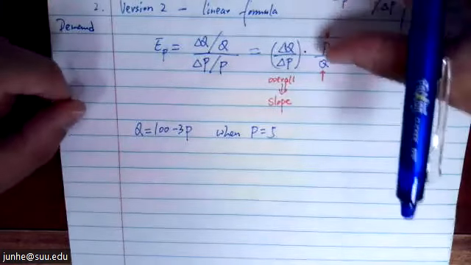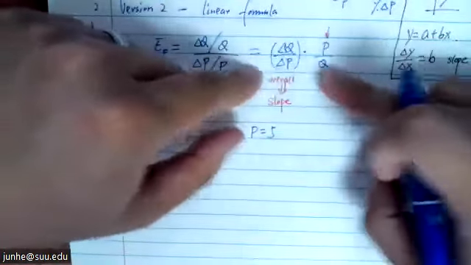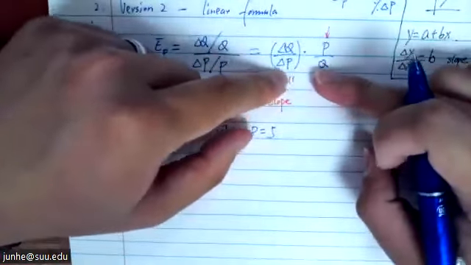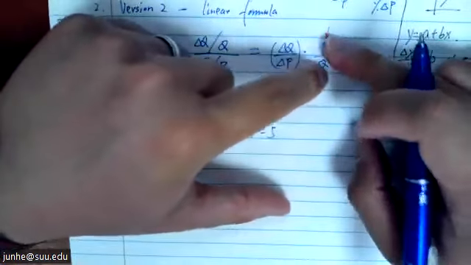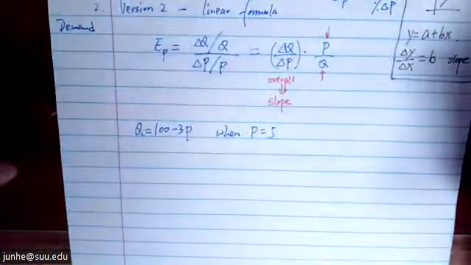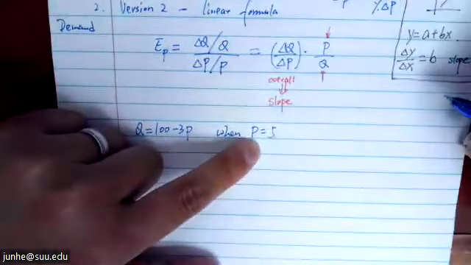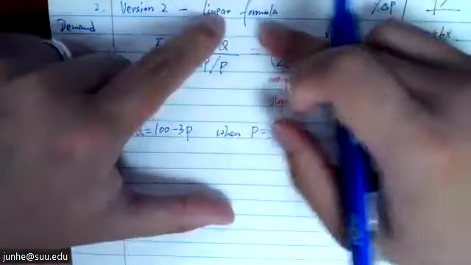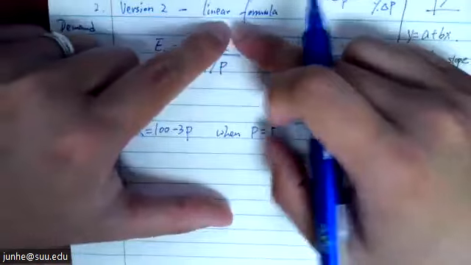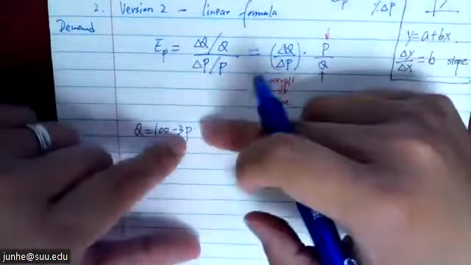You have those pieces of information, and this formula is the original graph of the jigsaw game that you're referring to, and you're just trying to find those pieces and put them together. Here we have this information, P equals 5, and we are given this linear formula of demand. That's why I also call this the linear formula version of elasticity.